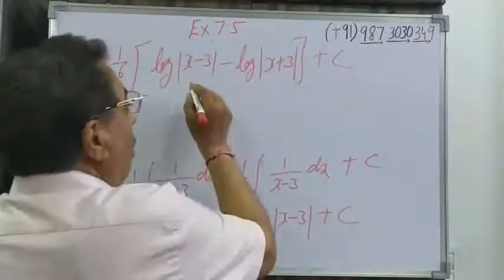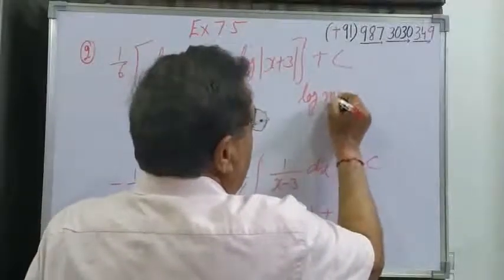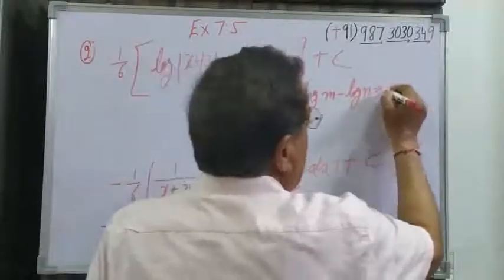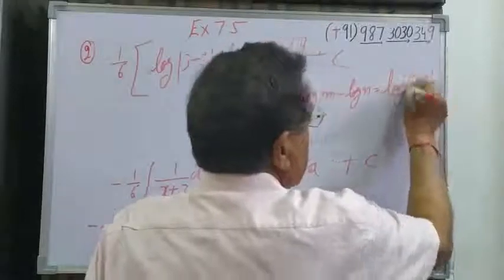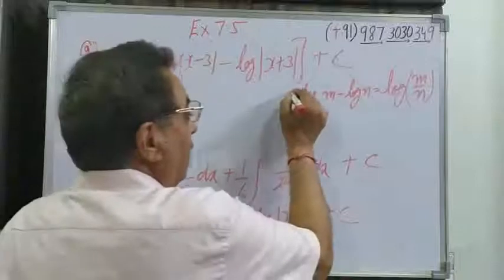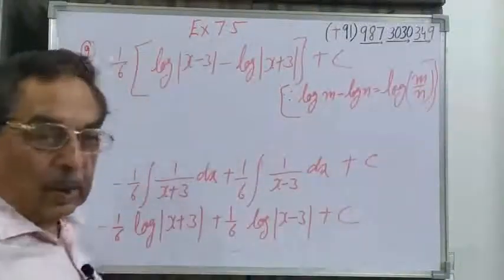Now we know log of m minus log of n is equal to log of m upon n. This is one of the properties of the logarithm.